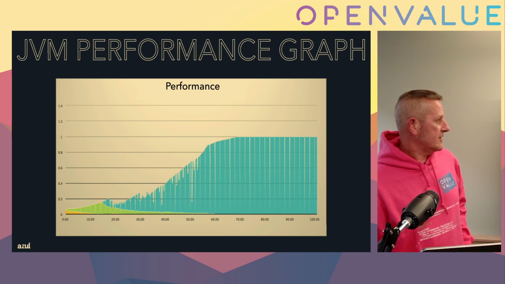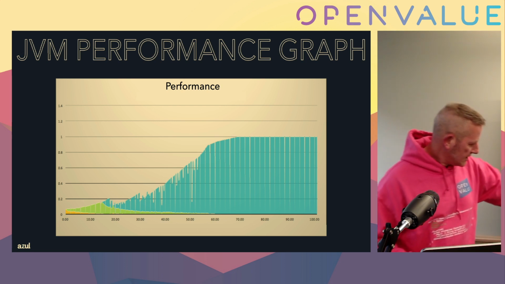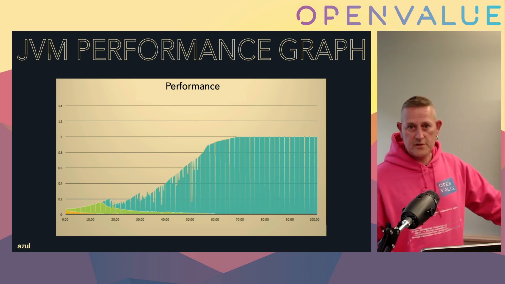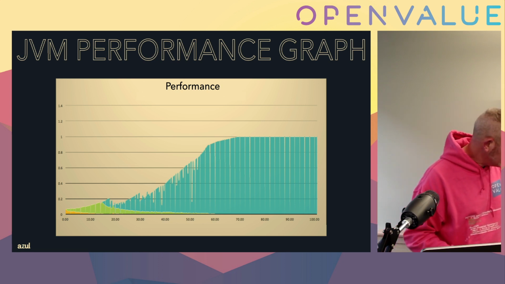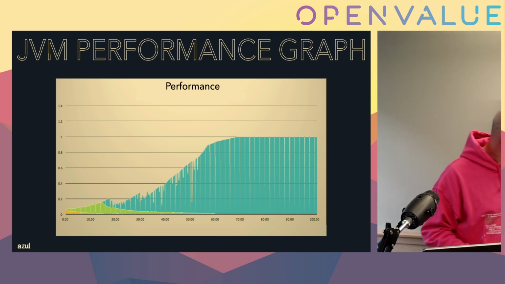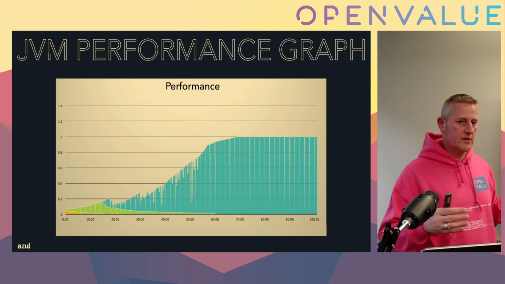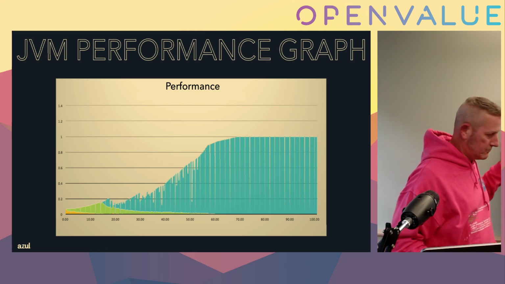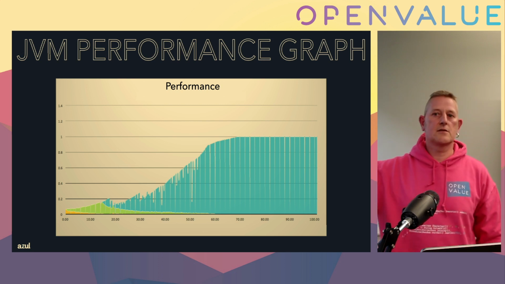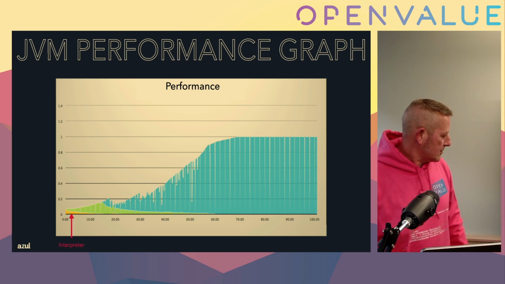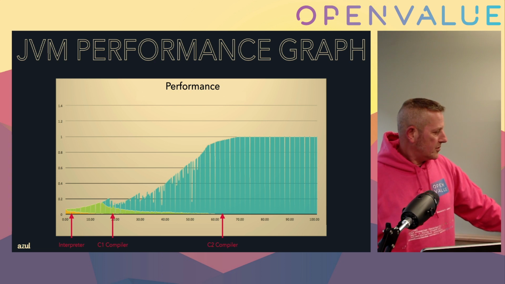If we take a look at the JVM performance graph, then we see these 3 colors here, which is the yellow one is the interpretation, then the green one is C1, and the blue one is C2. And you see interpretation it's quite small. It's really quick. If methods will be called a lot, then they move through interpretation and then directly C1 and then C2. So this is interpretation, C1 compiler, C2 compiler.